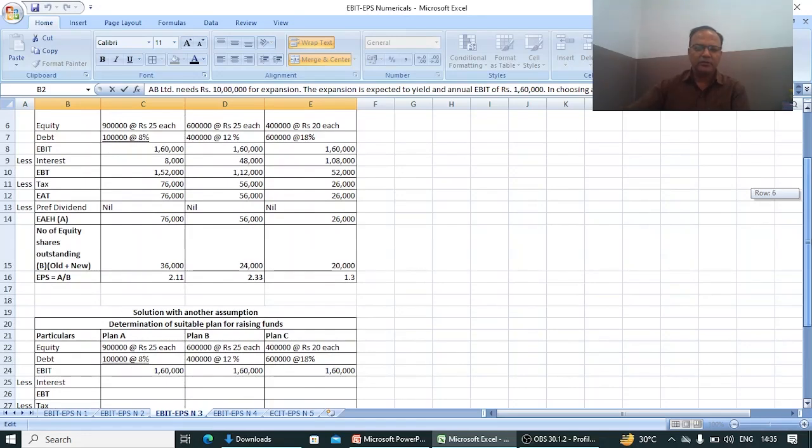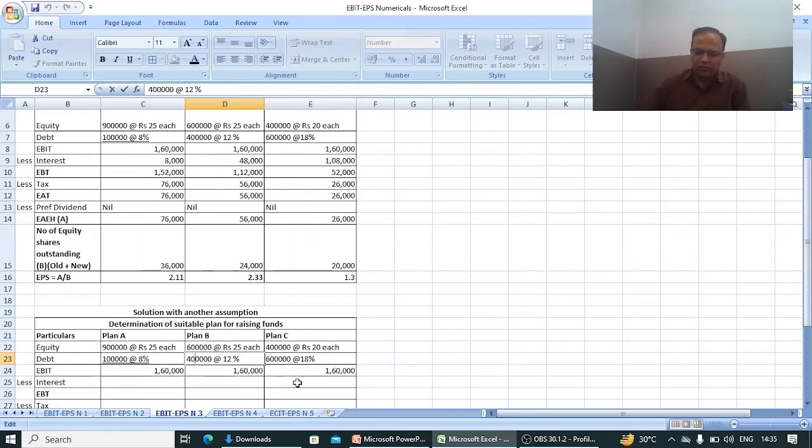It means 1 lakh at 8% and 3 lakh at the rate of 12%.